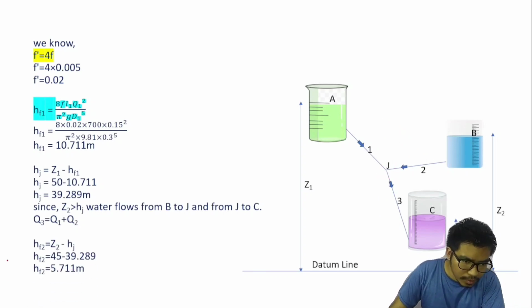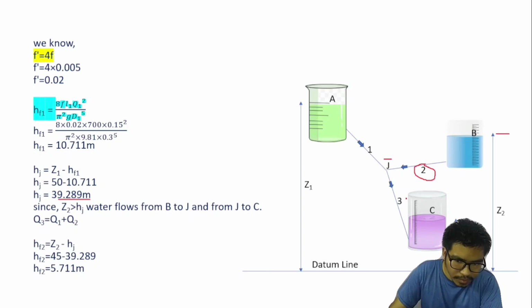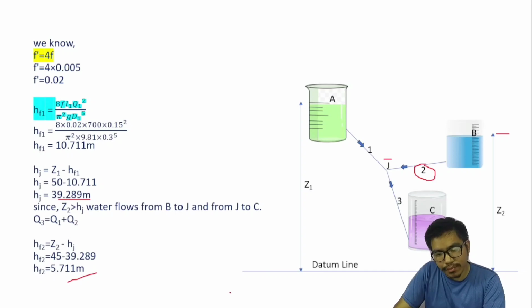And again, hf2, head loss in pipe 2, is given by Z2 minus head at J. The value of Z2 is given in the question, and J we have found already. So hf2, head loss in pipe 2, is equal to 5.711 meter.